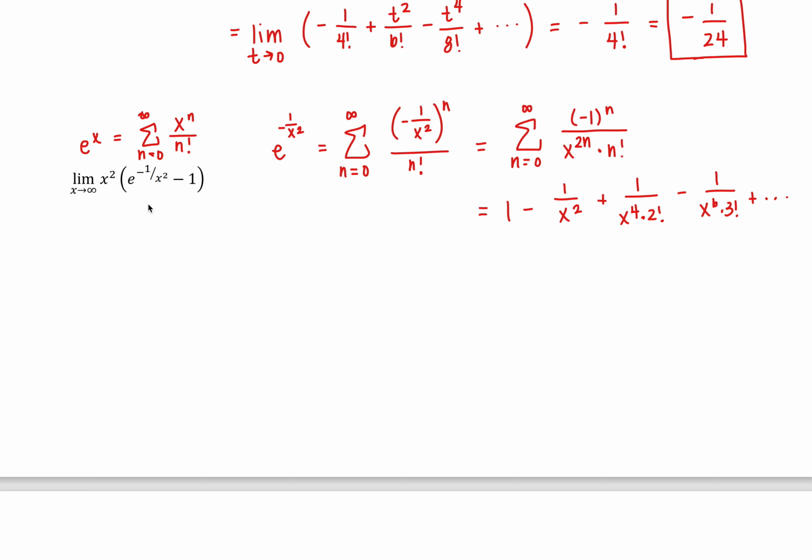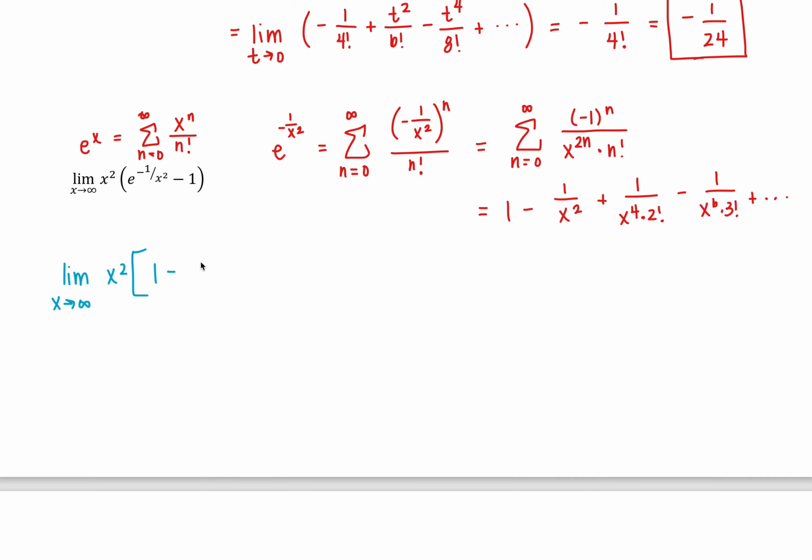So now let's go back to our limit. And I'll actually switch to a different color here. There we go. So we have the limit as x approaches infinity of x squared times this series minus 1.